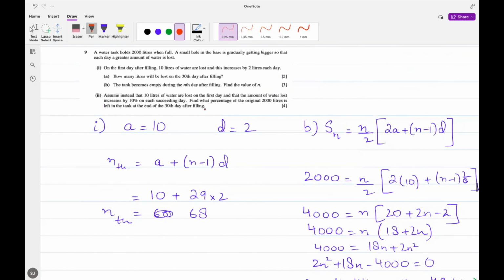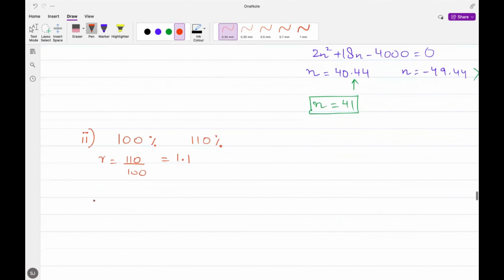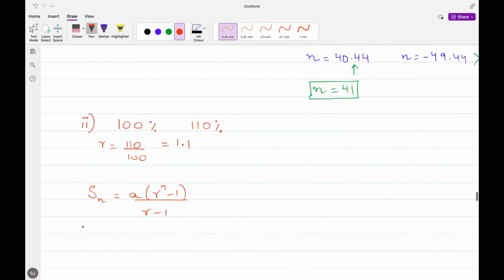Now the question is asking what percentage of the original 2000 liters is left in the tank at the end of the 30th day. First of all, we need to find out how many liters of water are lost after 30 days. So we'll apply the sum formula. The sum formula for n terms of a GP is given by a into r to the power n minus 1 upon r minus 1. a was 10, the common ratio was 1.1, n will be taken as 30, minus 1 upon 1.1 minus 1.